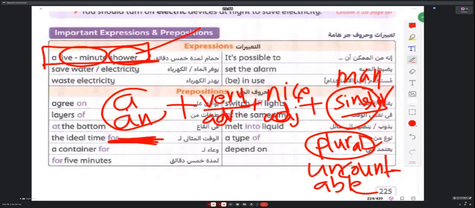A very nice man. If I said men, I say very nice men without articles.